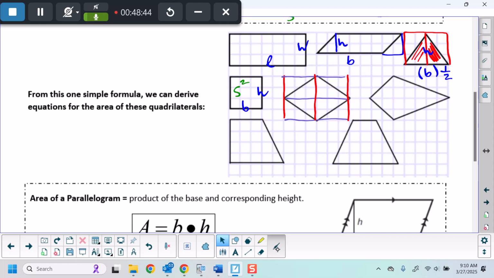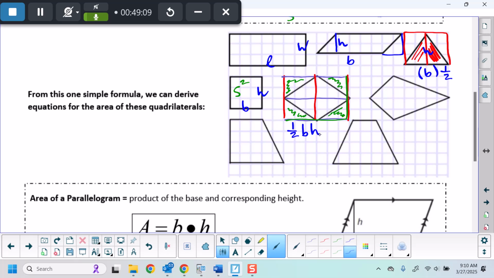The dimensions of that box have to be equal to the base and the height, but it's way too big of a box, so I'm going to have to fill it with tissue paper because the rhombus only covers half of that. So my area is 1/2 of that base times that height.